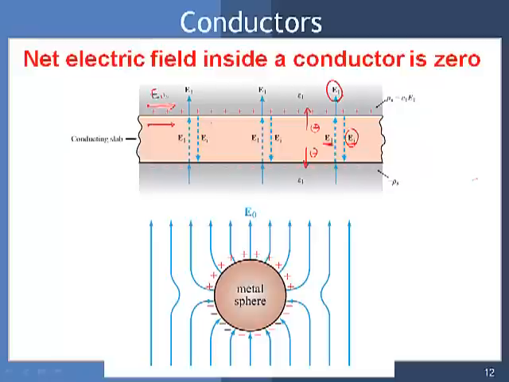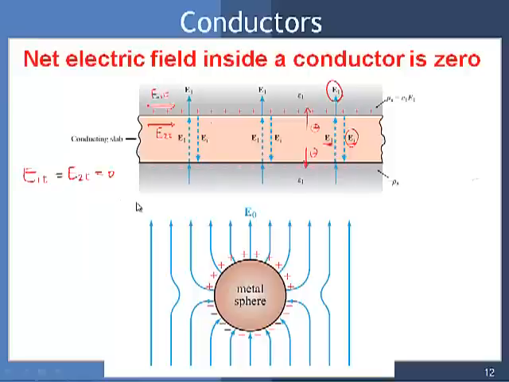And in this case, my E1t would be equal to E2t. So I'll repeat it here. My E1t would be equal to E2t. Because we just argued that E2t has to be zero because it's inside a perfect conductor, then we know E1t has to be zero as well.